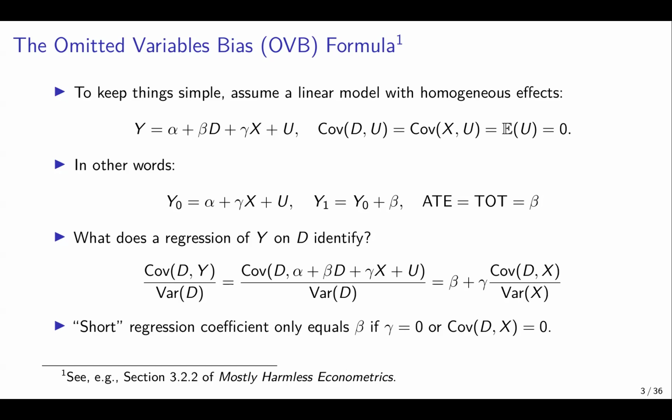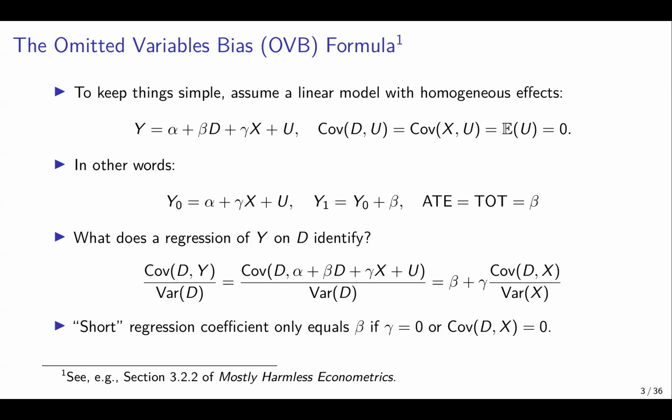In the population, the regression slope is going to be equal to the covariance between D and Y divided by the variance of D. If we substitute in our expression for Y, namely the causal model, we get the covariance of D with alpha plus beta D plus gamma X plus U, divided by the variance of D. Then we can use our favorite properties of covariance to simplify that expression, along with the fact that D was, by assumption, uncorrelated with U. Remember, in the linear causal model, D and U were exogenous.